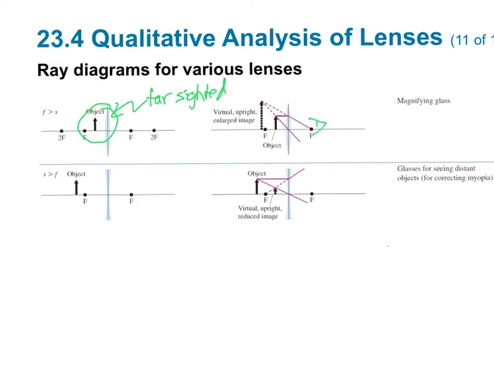So if your eye was over here, you would see an object that was larger. Basically the parallel ray comes in and refracts through the focal point on the back side. Then you've got your central ray right here that would pass through and come back on this side. You extend those two, and that's how you're going to create your image for the virtual, upright, enlarged image, and that's a magnifying glass or glasses that are for older people.